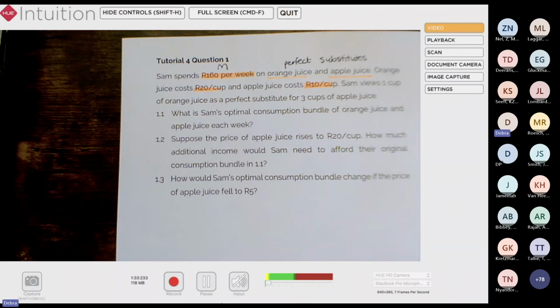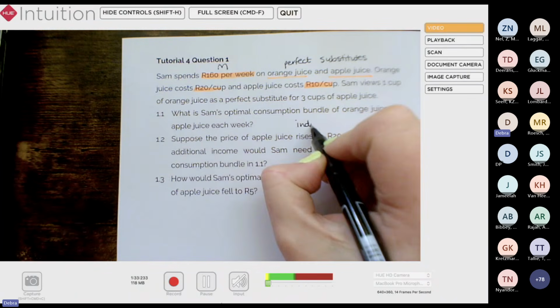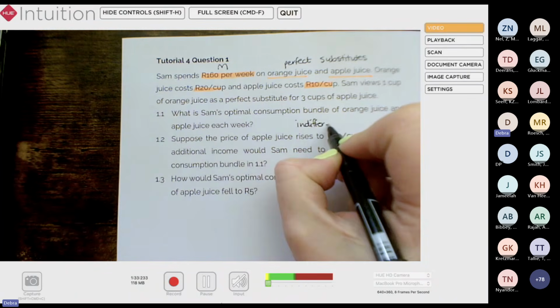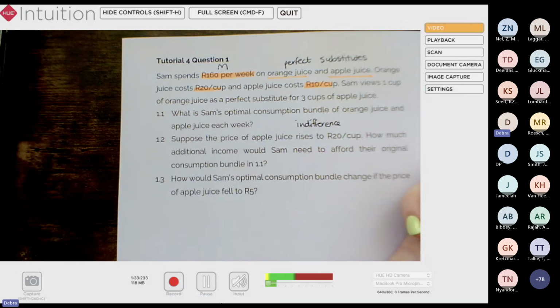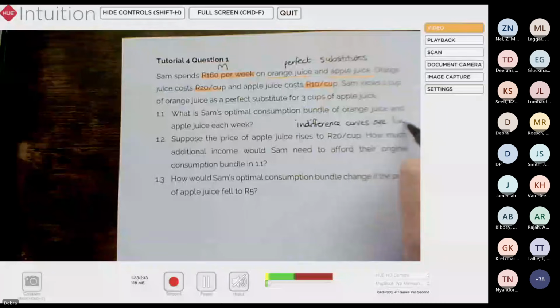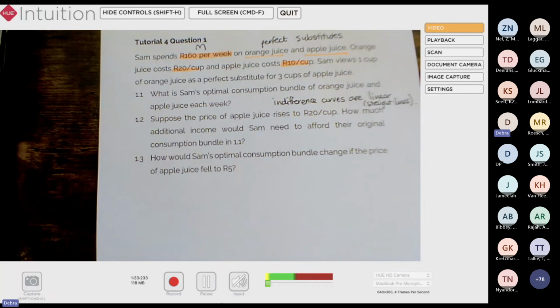How our indifference curves are going to look in this example is they are going to look like linear lines. Actually, that sounds redundant. So indifference curves are linear. They are straight lines. Okay. So I'm going to explain to you now why that is the case.